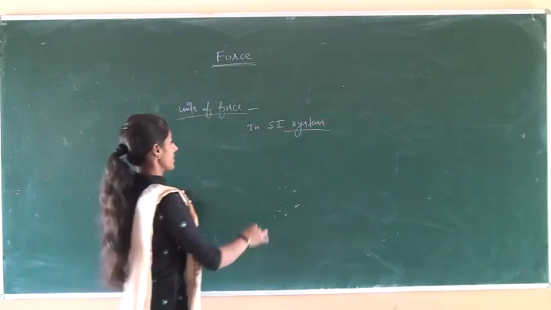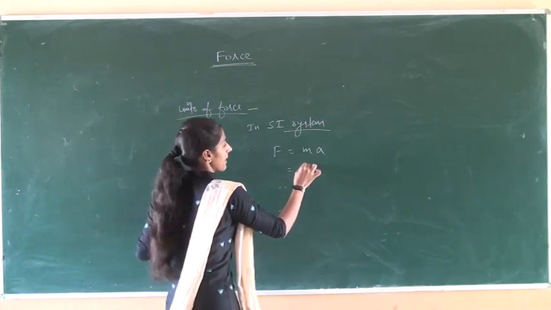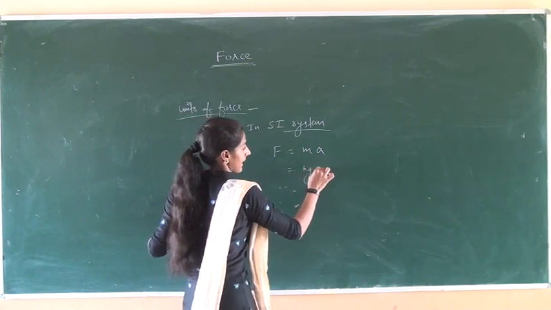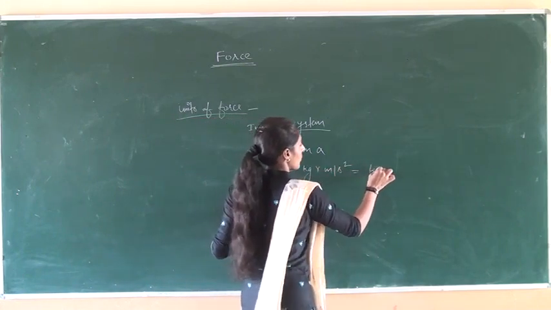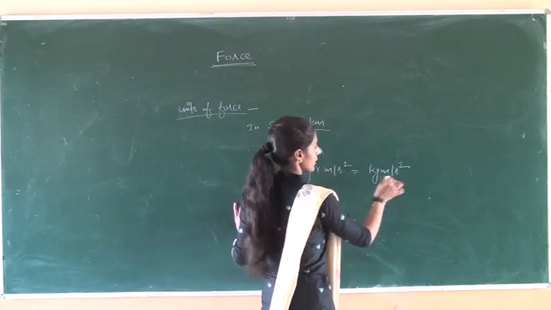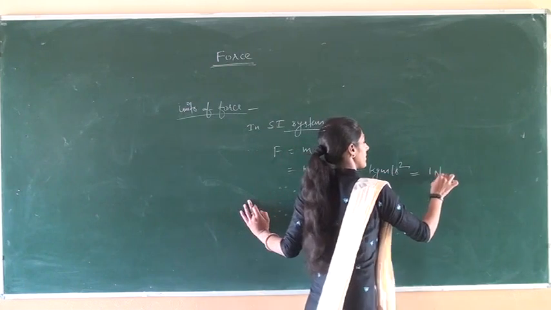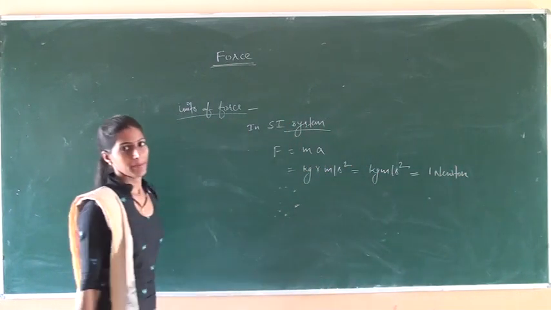In SI system, F is equal to m into a. Mass is in kilogram. Acceleration unit is meter per second square. So, kilogram meter per second square, and we also represent this as equal to 1 Newton.